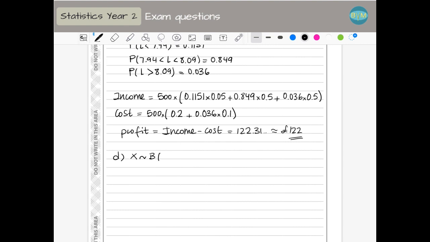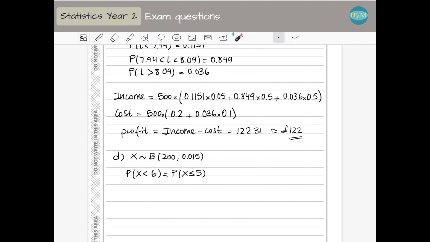So this is binomial. I'm checking 200 pieces, and the probability of being faulty is 0.015. So I want to know what's the probability that I have less than 6 faulty pieces in each batch. And this is going to be a probability of X being smaller or equal to 5.